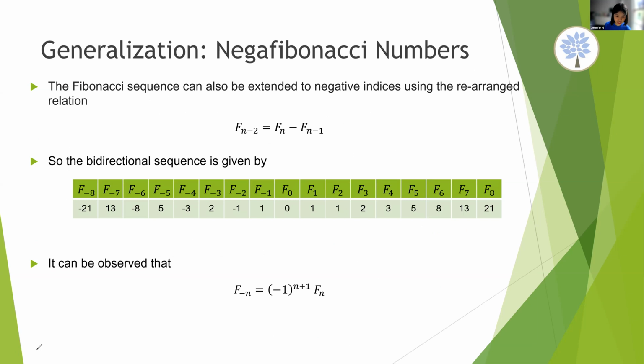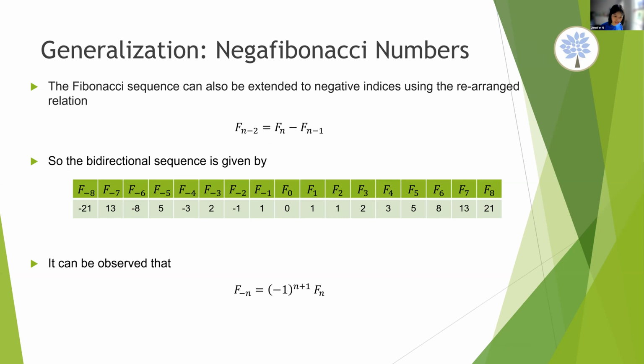A generalization to the sequence is that the Fibonacci sequence can also be extended to negative indices using the rearranged relation in which a term is equal to the difference of its two successive terms.